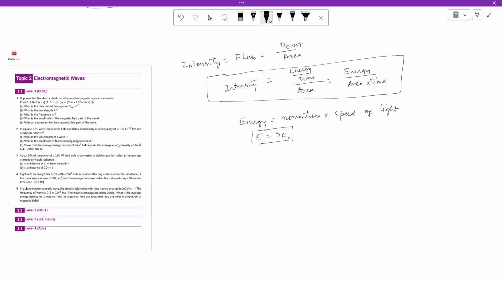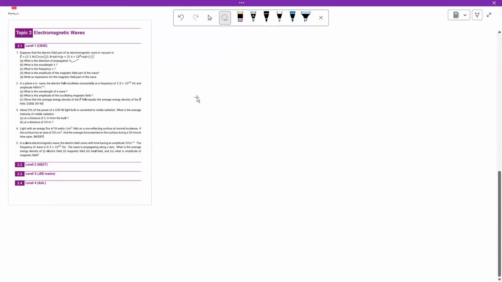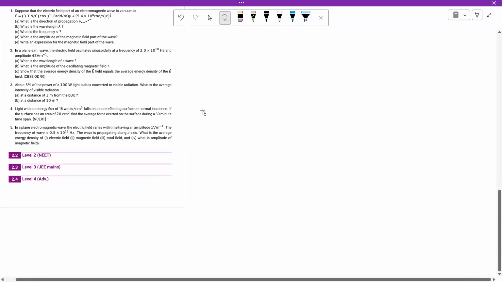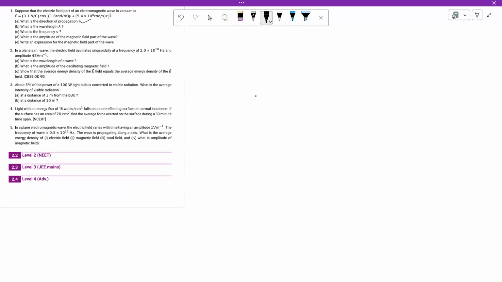Done, sir. Now let us do the rest of the questions, and these are very important questions. About 5% of a 100-watt light bulb's power is converted to visible radiation, right? Whatever power is generated in the bulb, 5% of that power is converted to radiation. So what is the power of the visible radiation?